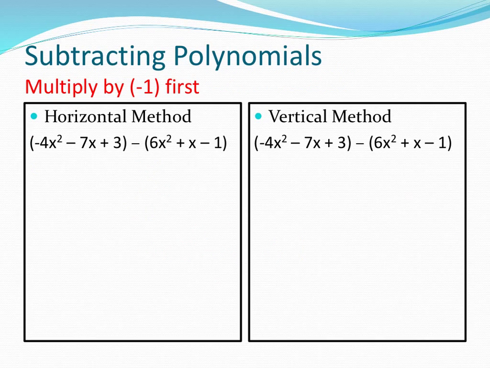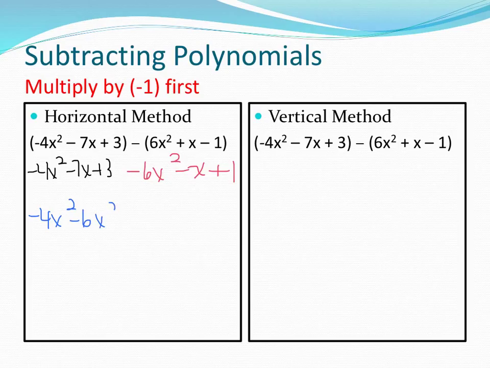So in the horizontal method, of course, we're going to multiply by -1 first, which we did previously, which will give us the -6x squared minus x plus 1. The first set of parentheses will stay the same. And then now we can write our like terms out side by side. -4x squared minus 6x squared.